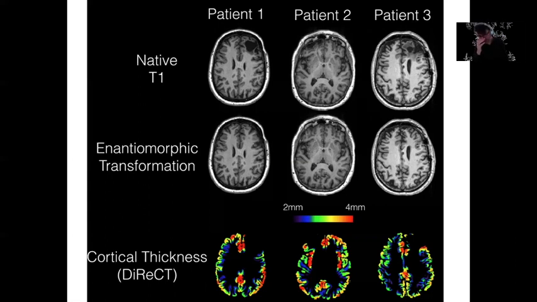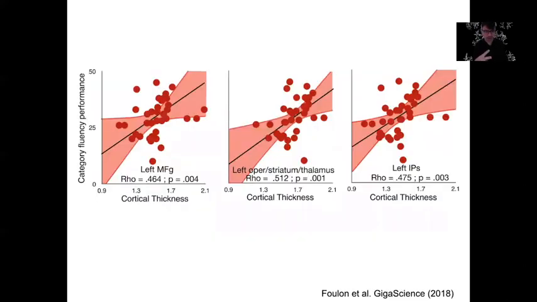So what we try to assess is whether, within the network that I showed to you, within the regions that were disconnected, we had a relationship between the performance of category fluency and the cortical thickness of those regions. And this is what we found at the end: with the disconnection, the neurons decrease in size or die, and the cortex is thinning within the network that is disconnected with functional connectivity.